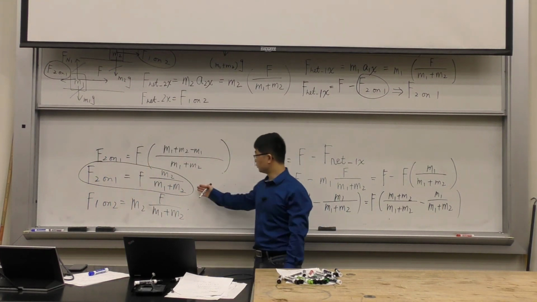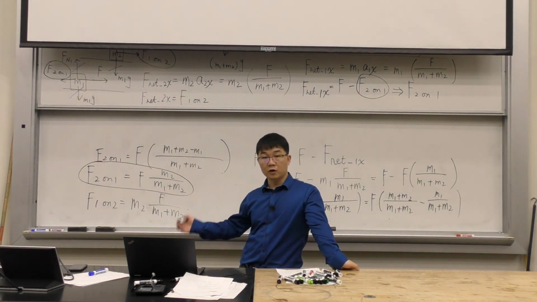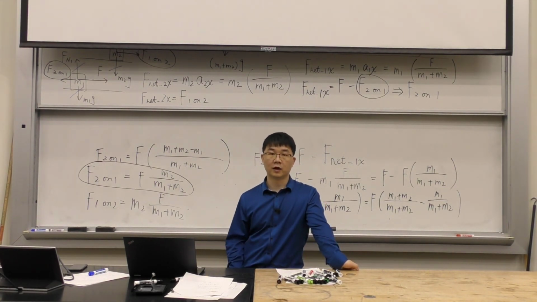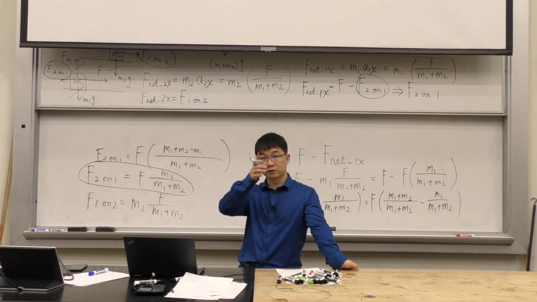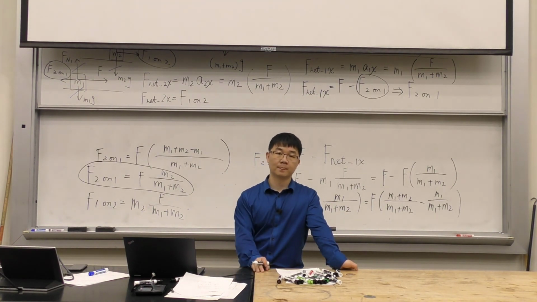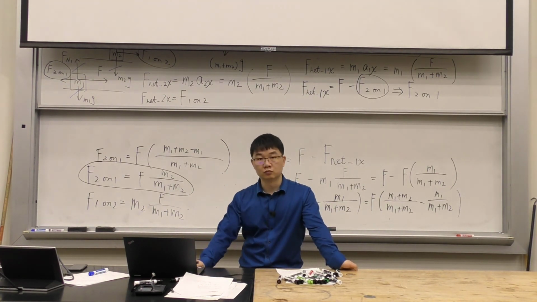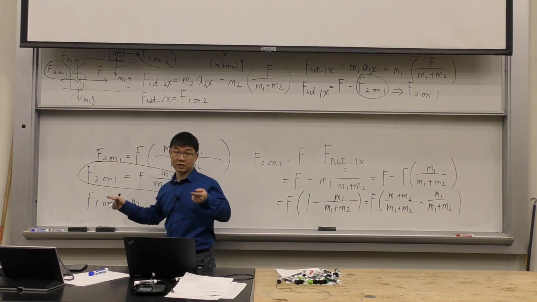Now compare these two expressions. They are exactly the same. We started from Newton's second law. We derived the expression of the force between m1 and m2 using m1 and using m2 and isolated them, and then found the force from 2 on 1 using Newton's second law.